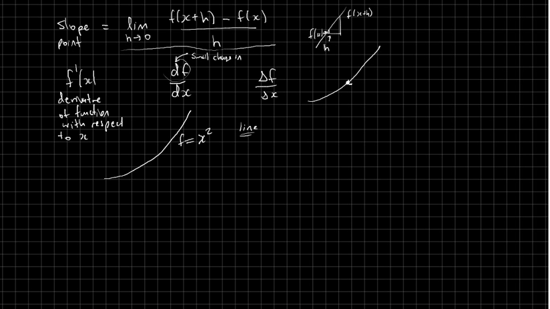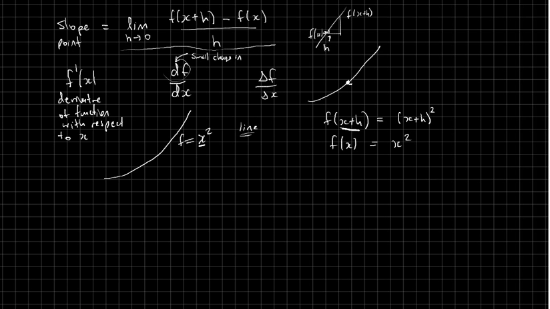So what I'm going to have is I want to calculate f of x plus h, and that's going to be equal to x plus h squared. So I've replaced the x here with x plus h, and my f of x is simply x squared.